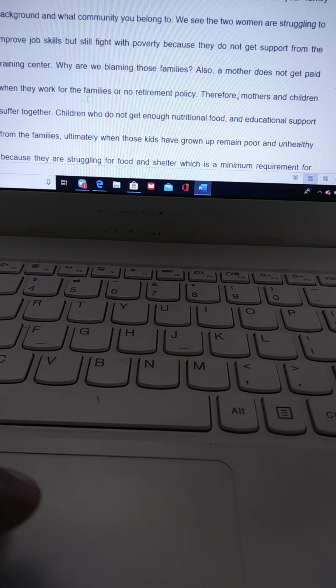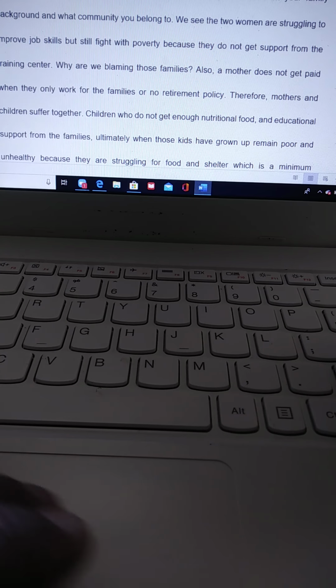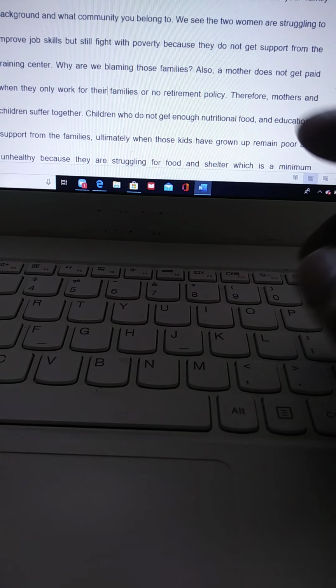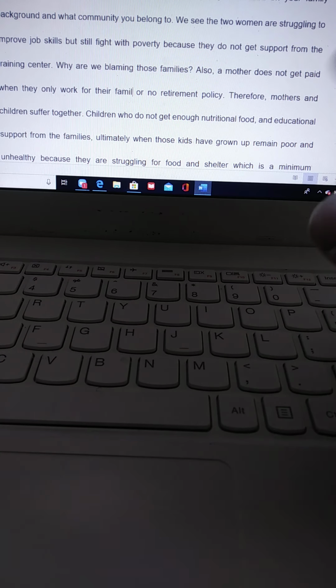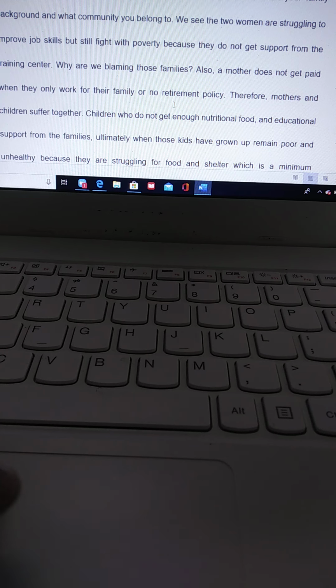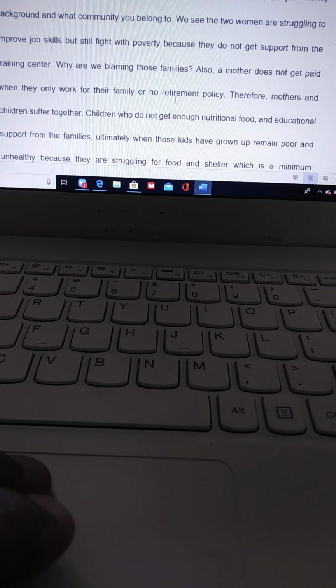Mothers do not get paid when they only work for their family.